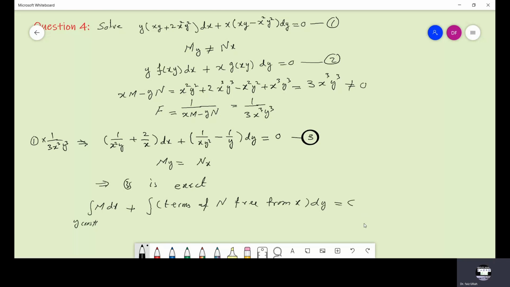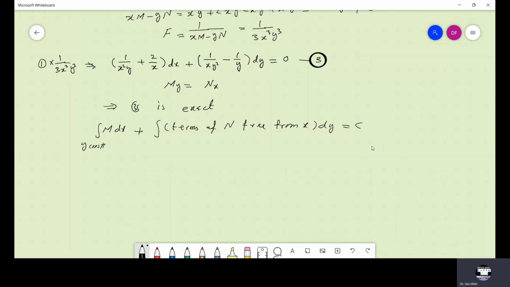Let us put values in this formula. The value of m here is 1 over x square y plus 2 over x, dx, plus, let us find those terms of n which are free from x. There is only one term, which is minus 1 over y, dy is equal to c.